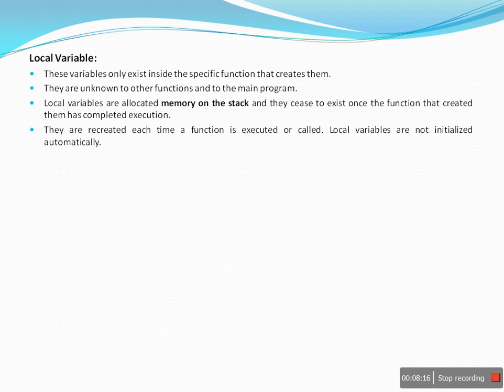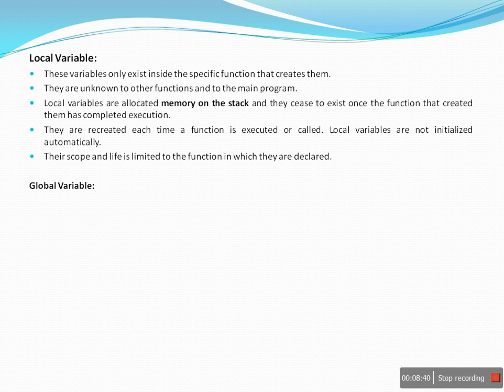Now they are recreated each time a function is executed or called. Local variables are not initialized automatically; a local variable has a garbage value by default. Their scope and life is limited to the function in which they are declared.